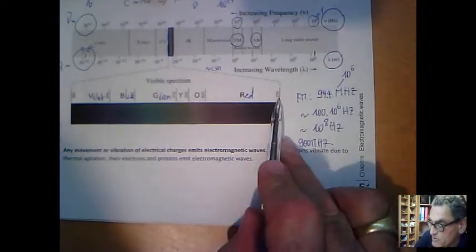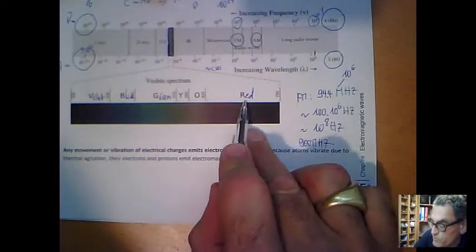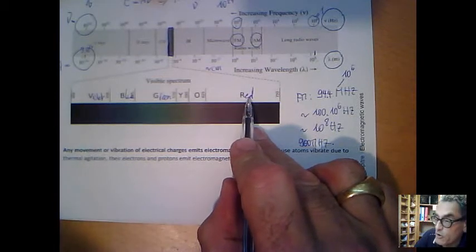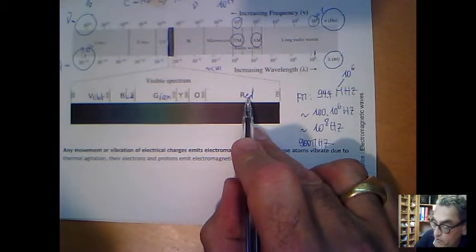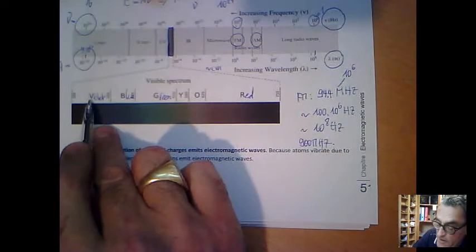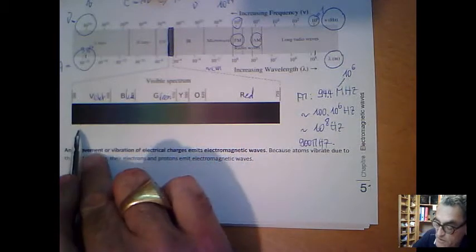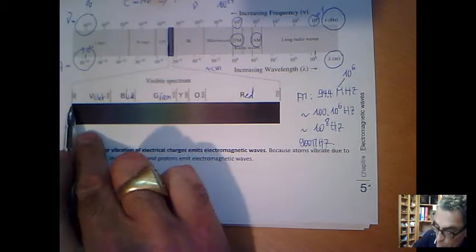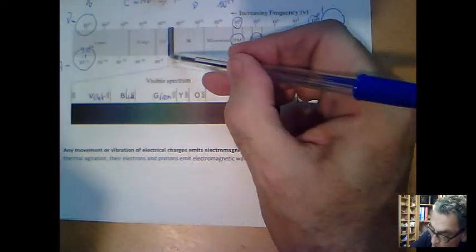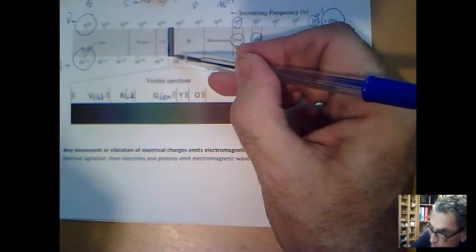And these colors come specifically in this order, with the red being lower frequency and higher wavelength, and the violet being higher frequency, lower wavelength. So this bar here is just a magnification of this area.